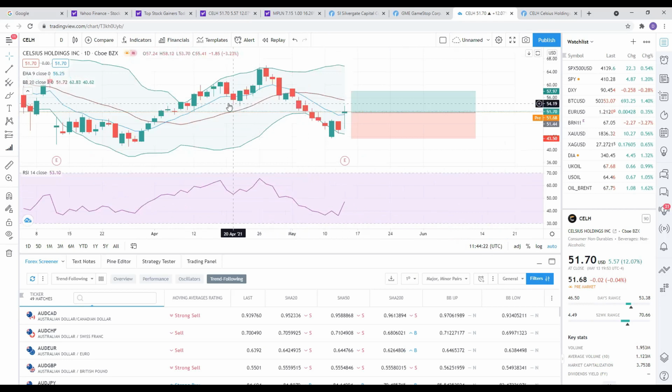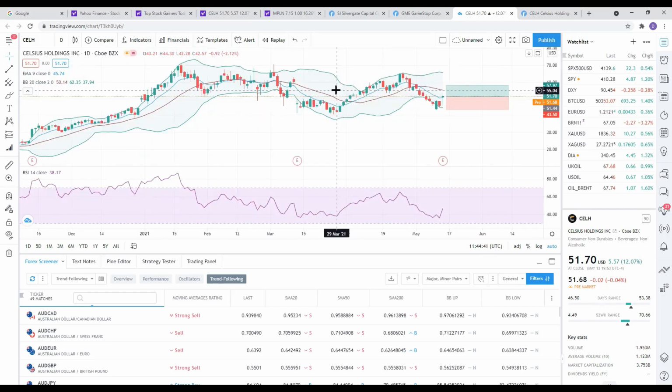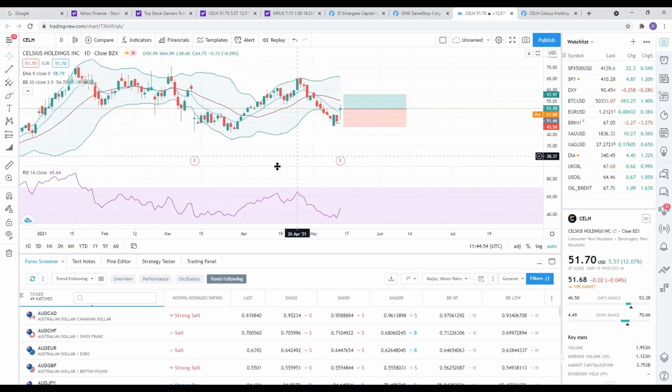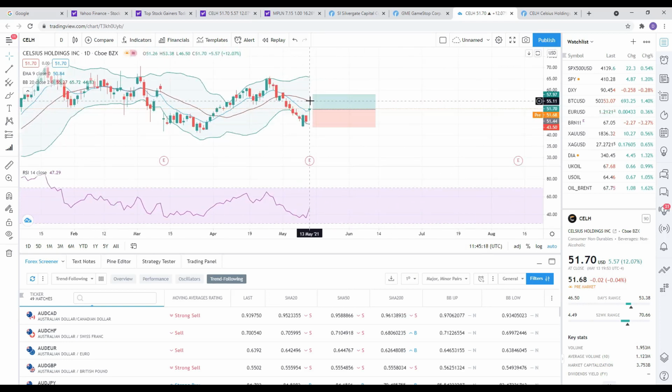Let's see. For a day trade, you can wait for the price to reach 55. The price right now is 51, and you can try to see if you get to 55. But if you're trying to get to 55, the stop loss is too wide. So for a short-term trade, this will be very risky. Why am I saying this?